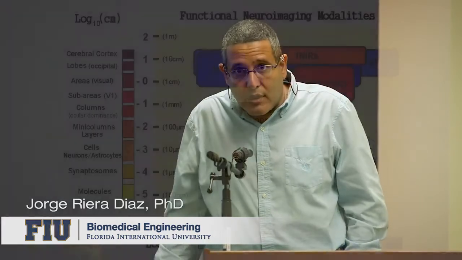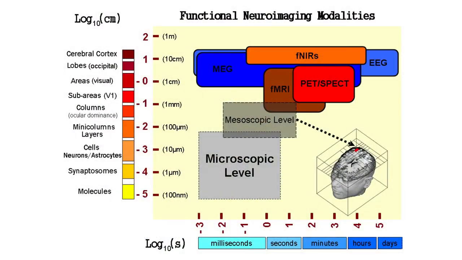Efforts in my lab are dedicated to understanding the microscopic neuronal substrate of different modalities of brain imaging that are recorded on a macroscopic level. In order to do so, we have to understand how mechanisms at this microscopic level are translated to another scale, which is a macroscopic scale.